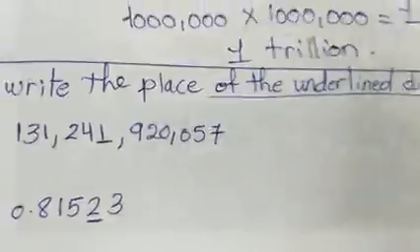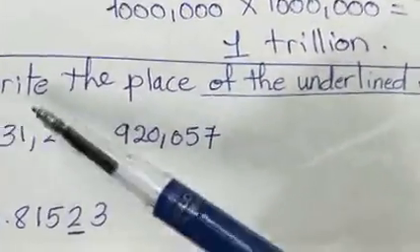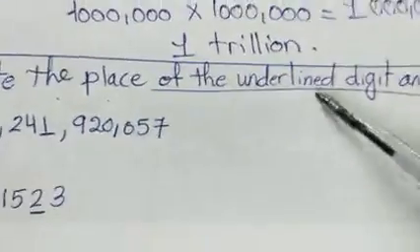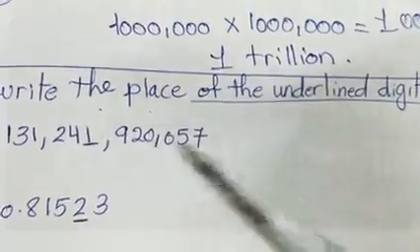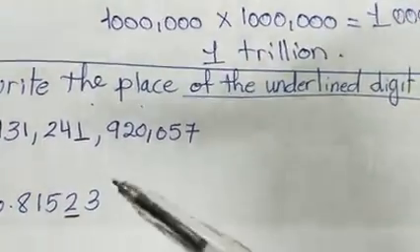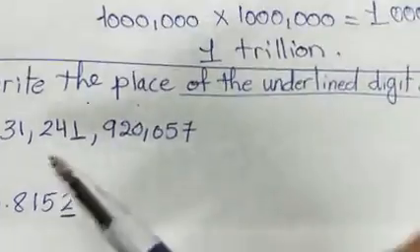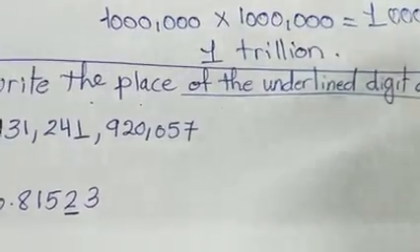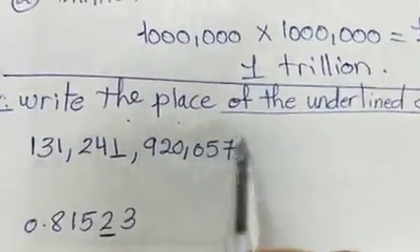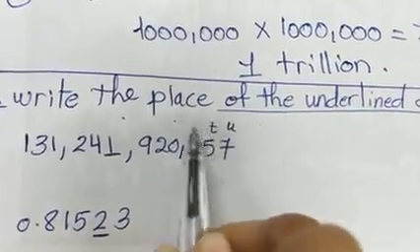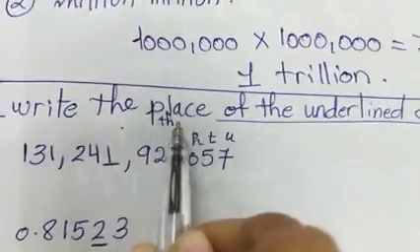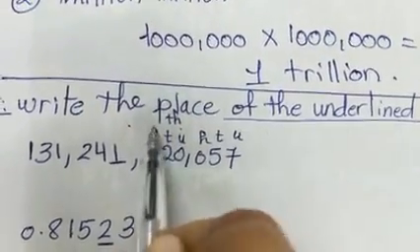Now I will have a look at this question. Write the place of the underlined digit and its value. I will write the place, which is in words, then the value, which is in numbers. I will start from the right side: units, tens, hundreds. After this, it's the thousand period: units, tens, hundreds.